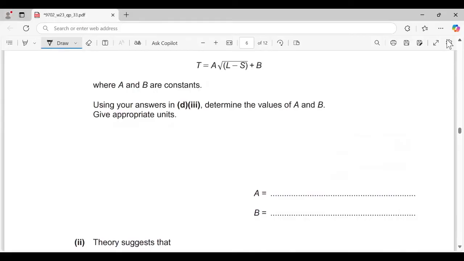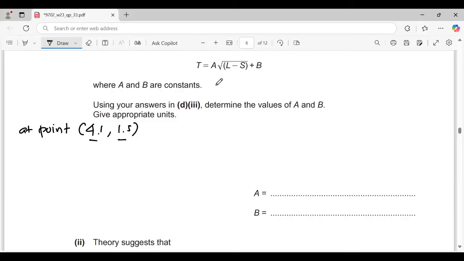So according to this equation, T equals A square root of L minus S, plus B. So at point 4.1 and 1.5, this is square root of L minus S, this one T, right?